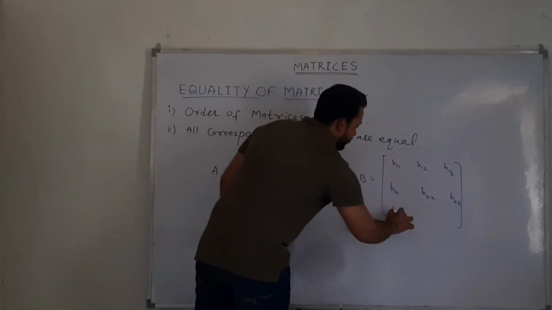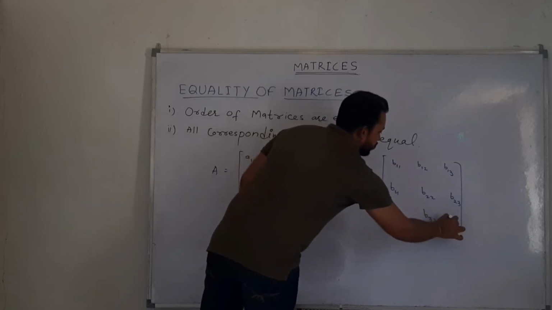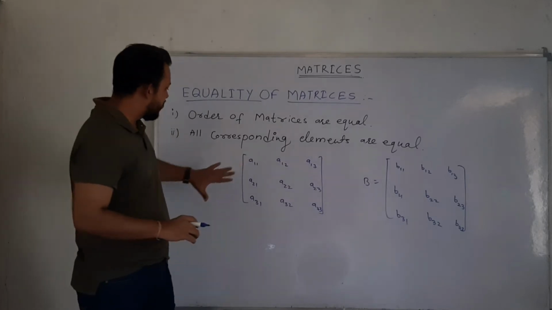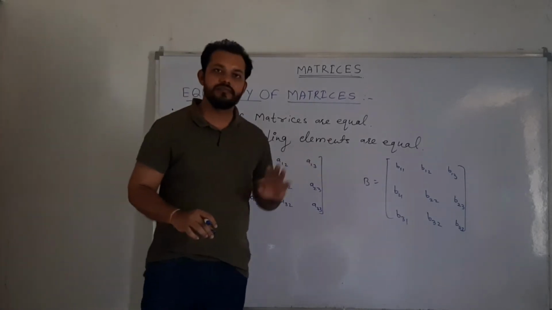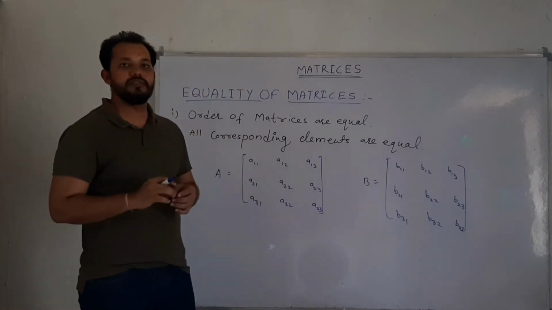Then B31, B32, B33. Like this, we have two matrices A and B, in which the elements are given.